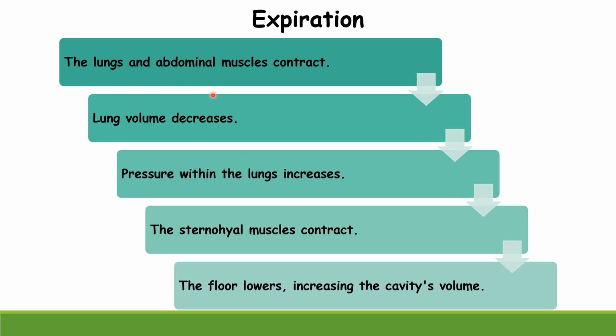Because of this contraction, the lung volume decreases, which increases the pressure within the lungs. Now the sternohyal muscles contract, which causes the lowering of the floor as well as increasing the buccal cavity volume.